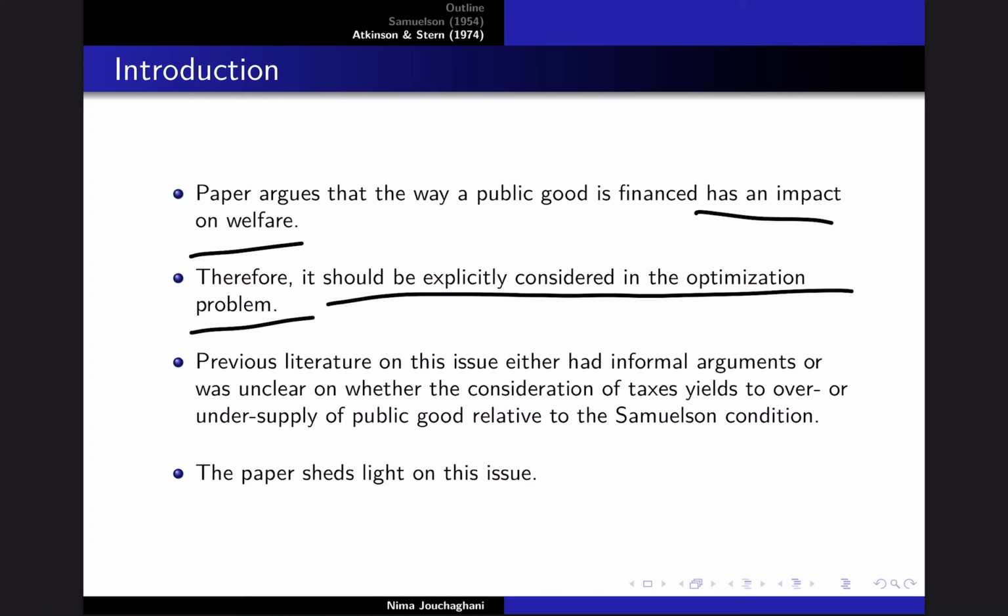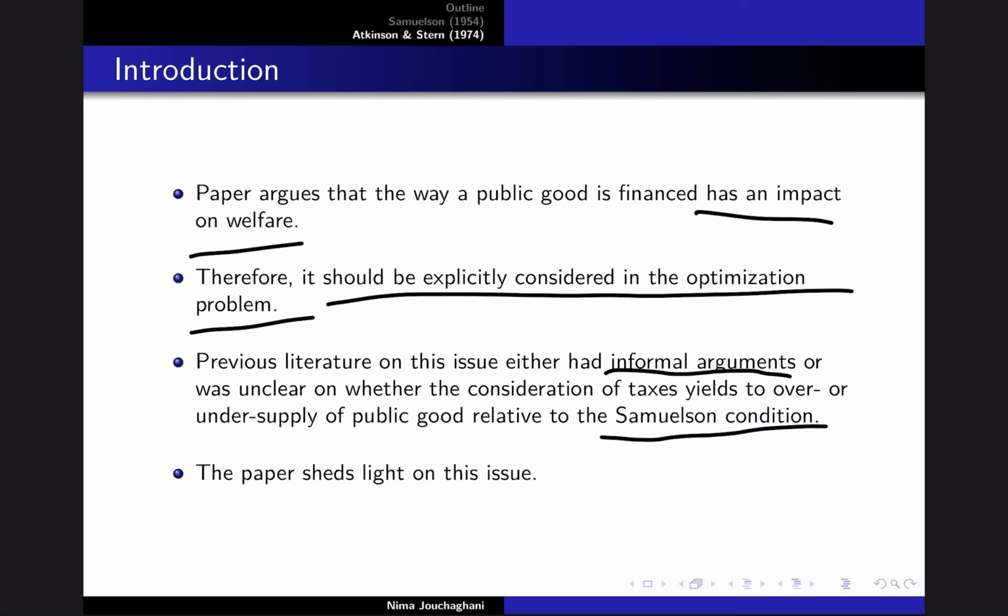And the paper has an issue with the previous literature because this topic, so to answer how this distortion changes the amount of public goods which should be produced, the literature had either informal arguments or it was unclear. So the literature was unclear on whether the consideration of taxes yields over or under supply of a public good relative to the Samuelson condition.